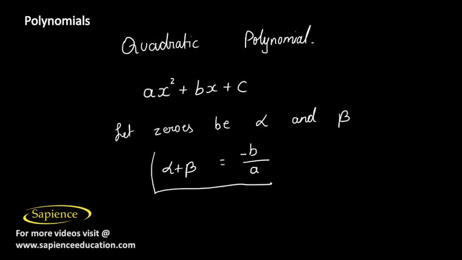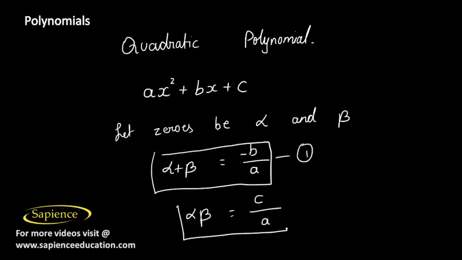This is the first relation, and the second relation is the product of the zeros will be equal to the constant divided by the coefficient of x square.